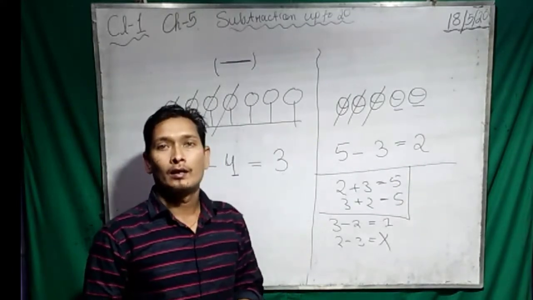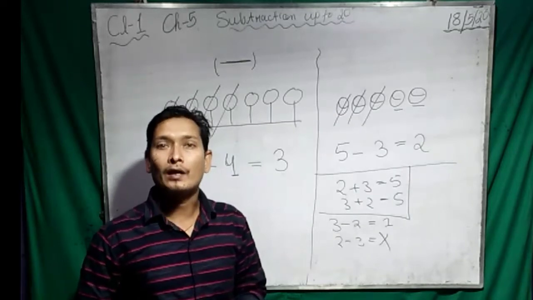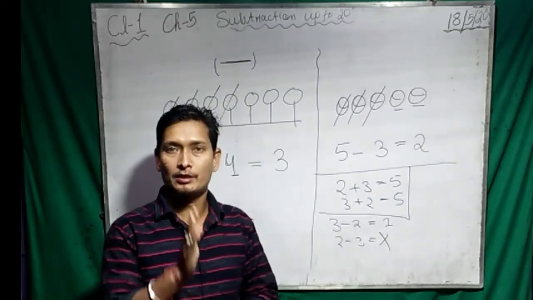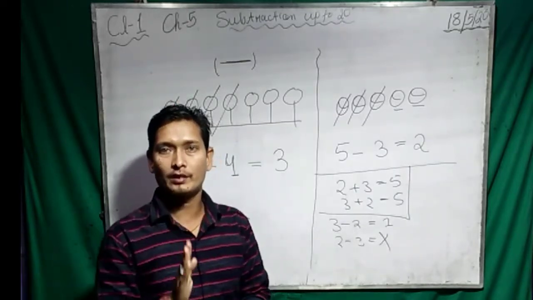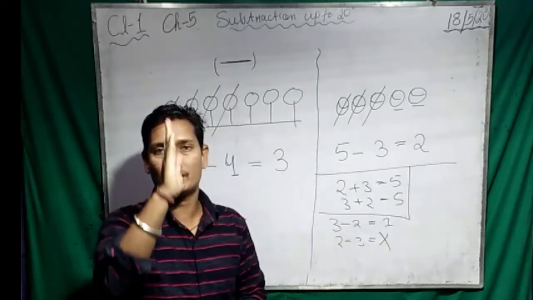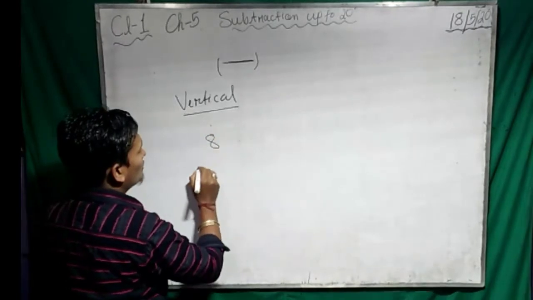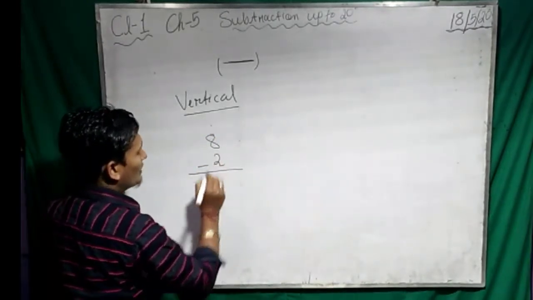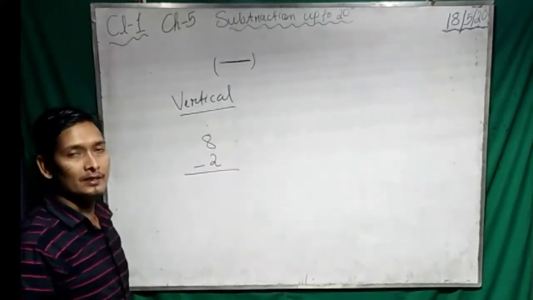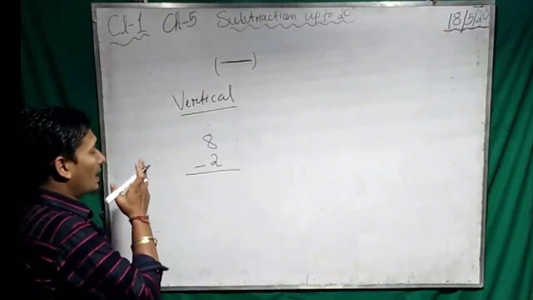Okay, so let's see how to do vertical subtraction. Vertical means, you know now, this is vertical, this way. This way means vertical, means standing line. So let's see. So 8 minus 2. So what is this? 8 minus 2 means from 8.